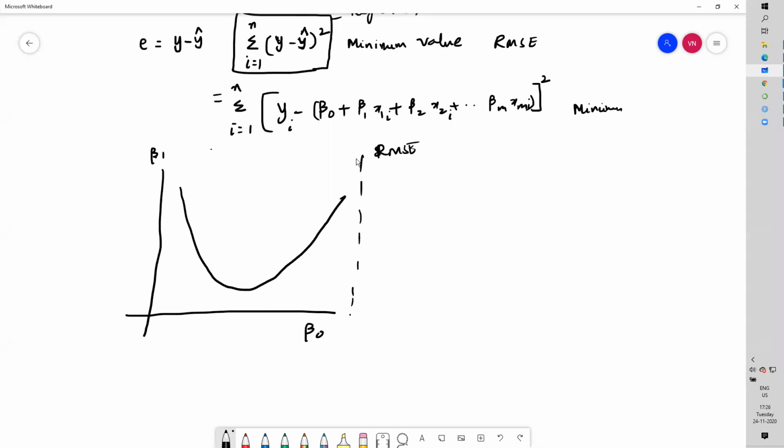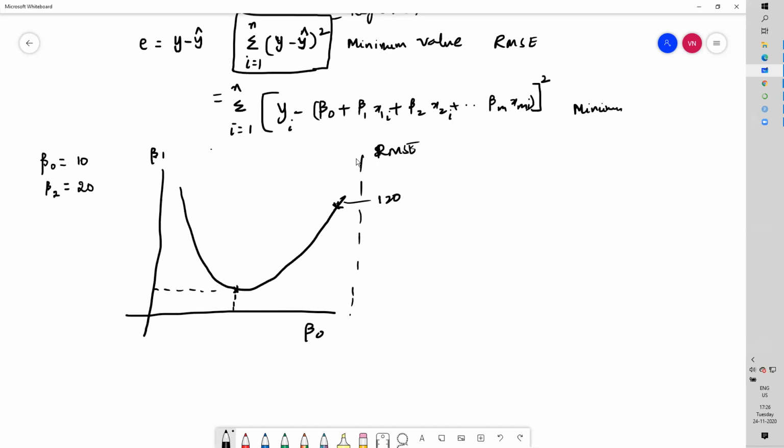Let's say we randomly initialize beta naught is equal to something, beta 1 is equal to something. Let's say this is 10 and this is 20. We got an RMSE value of some 120. Next, we need to find out the place where we get the minimum value for RMSE.